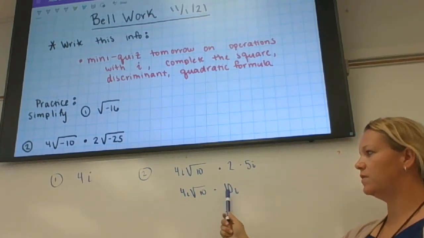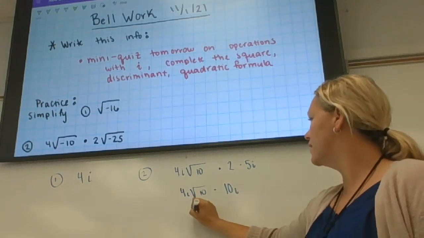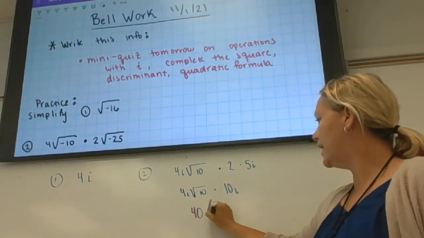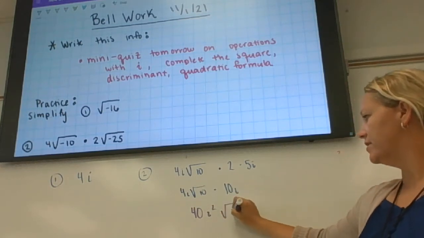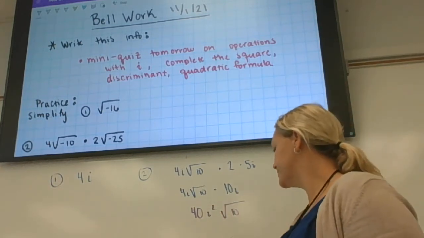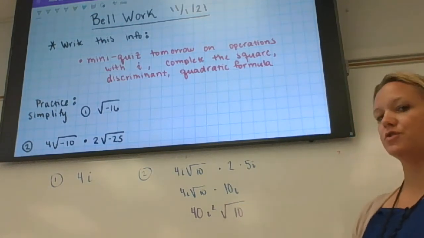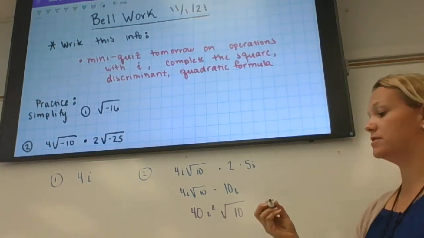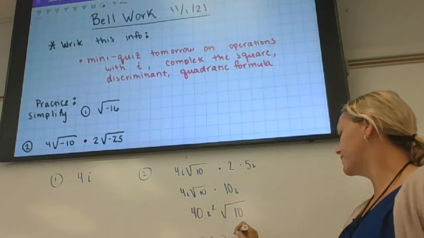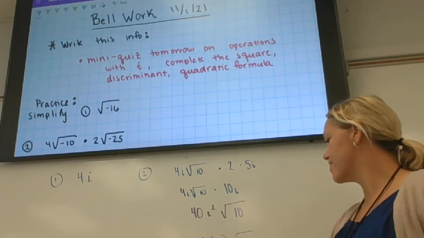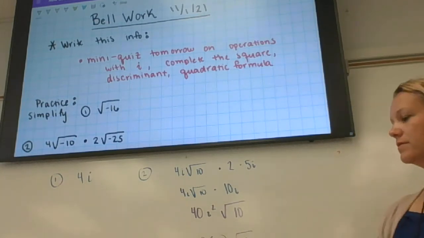So I'm going to do this 4 times this 10 gives me 40. i times i is i squared, square root 10. And don't leave i squared in any of your answers, because i squared is negative 1. Square root 10.